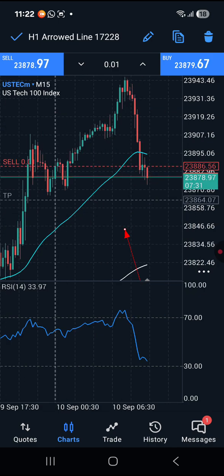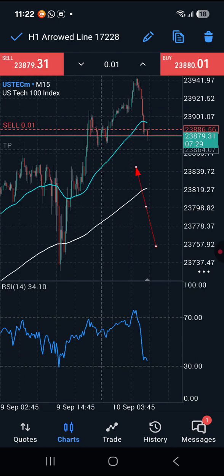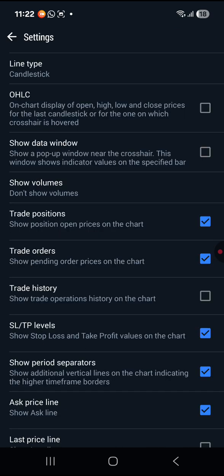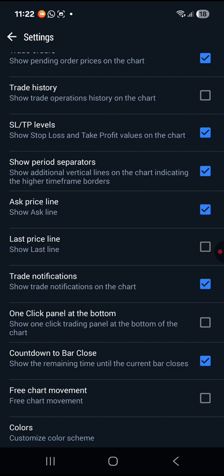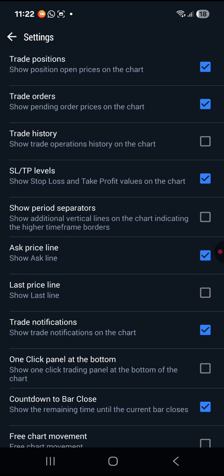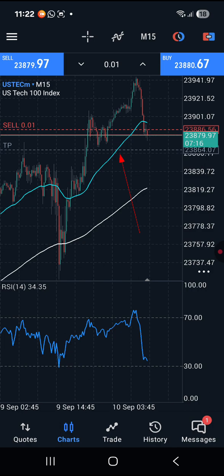So we can go to the 15-minute where we have seen interest of our strategy. How do we start? We first make sure that we have our period separators on. If I take it off, you can see the chart is different.